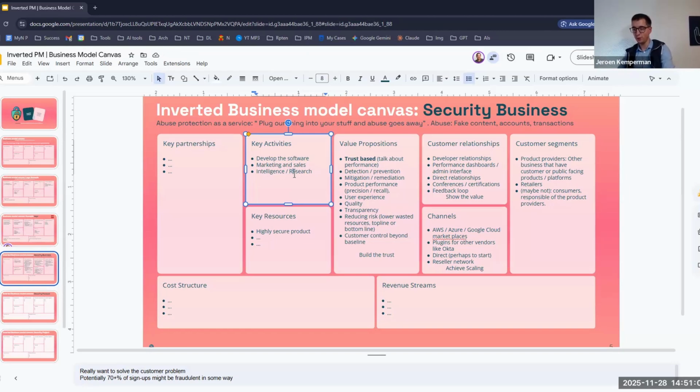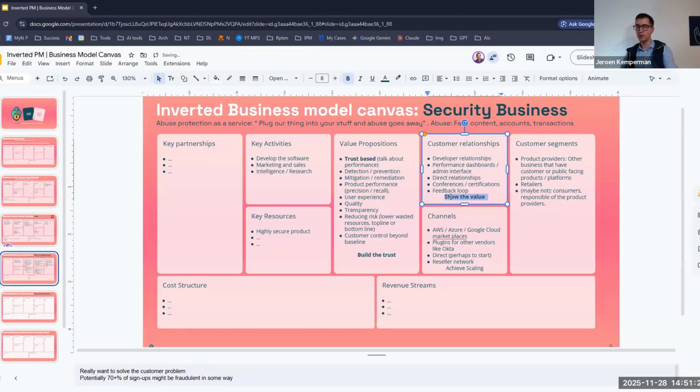So then maybe I'll stop here and start summarizing what we've discussed so far. For the value proposition part of the business model concept, we said that building trust with the customer is the biggest thing we need to do, through many different ways: solving their problem, having a good experience for end users, but for them as well, showing the performance, reducing risk.